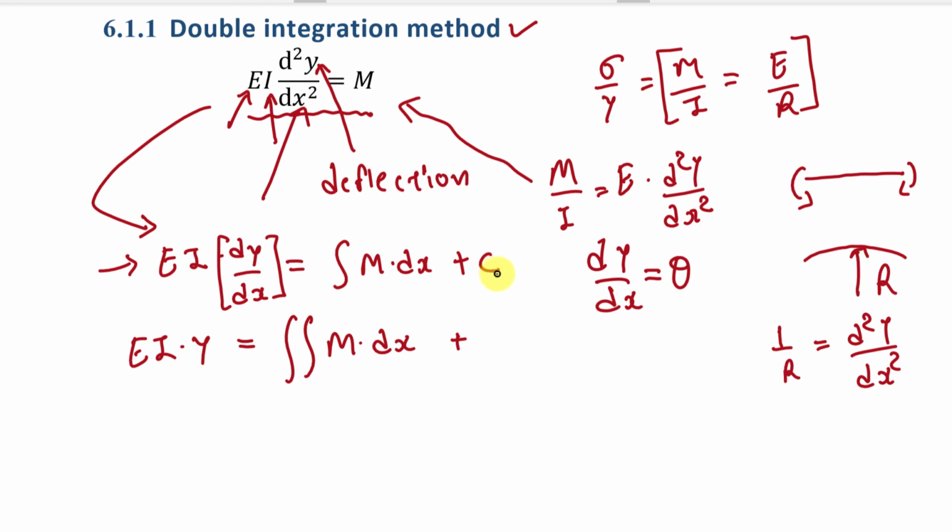If we take this constant as c1, then here it will be the integration of c1 with respect to dx plus constant c2. Fine. So finally you have to divide this expression by EI and you will get y, that is the deflection in the beam. Fine. Now we are going to solve some examples so that you will be able to understand how to use this double integration method to find out the value of slope and the value of deflection in the body. Fine.